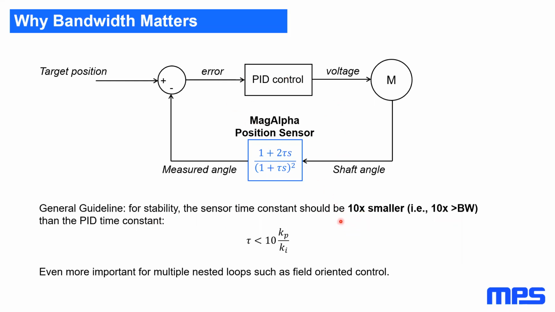If you get below that, you're going to start to see your system get unstable. And if you even get close to it, you're going to see that your PI system will take a long time to converge. So the faster you are here compared to your loop constant, the faster things will converge and the less overshoot and noise you'll get on your control system.